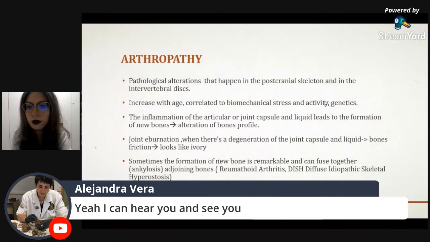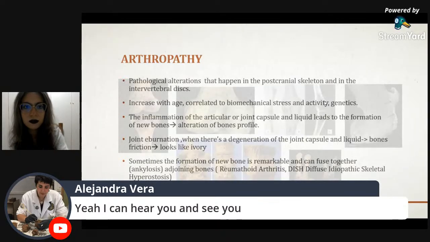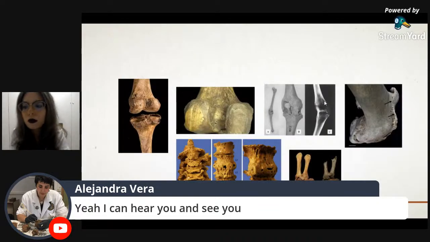DISH stands for diffuse idiopathic skeletal hyperostosis, and its origin is still debated, still unknown. There is a lot of research toward it. Still, there is not a clear origin of it.